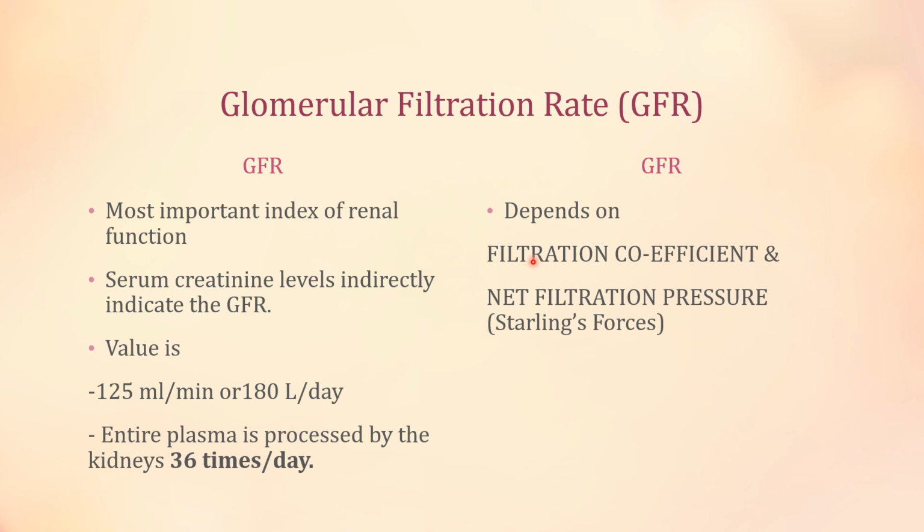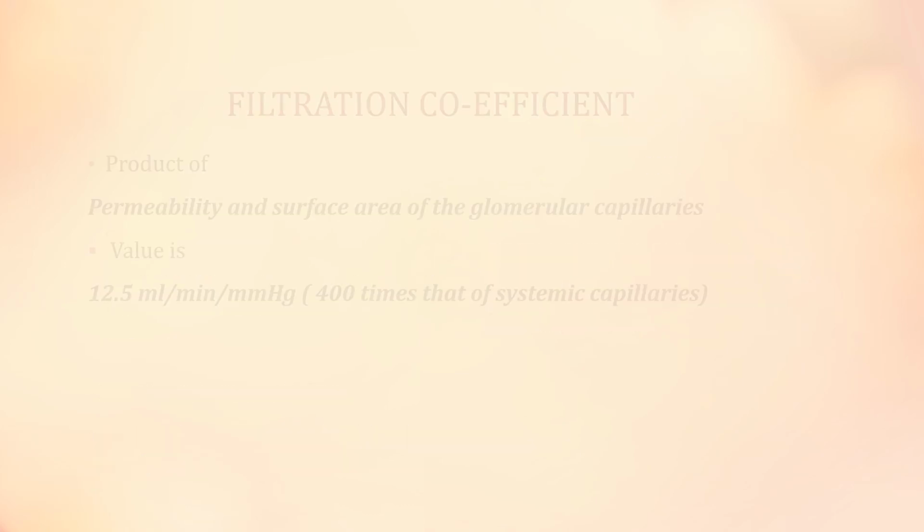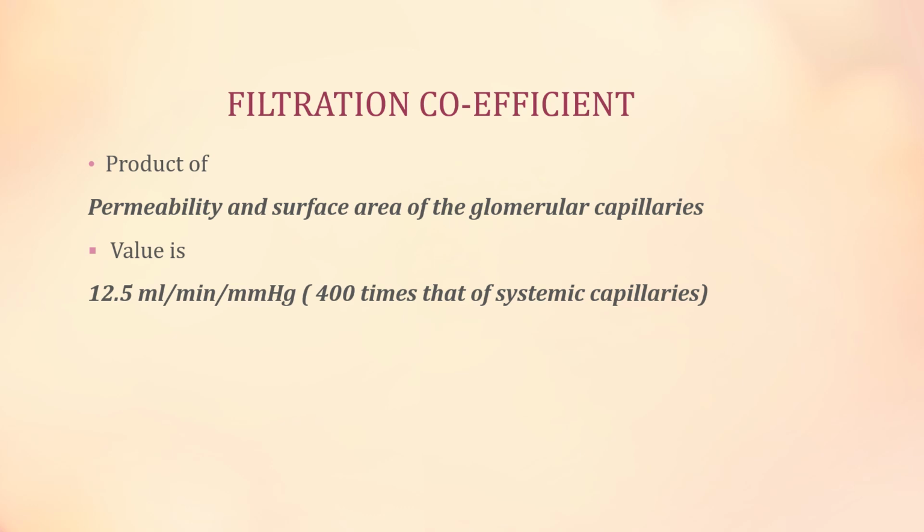Now this GFR is a product of filtration coefficient and net filtration pressure, which in turn depends on Starling's forces. We'll focus in this video only on the filtration coefficient. The filtration coefficient of the capillaries is a product of the permeability and surface area, and it is very high in the kidneys. So the kidneys filter a large amount of fluid.